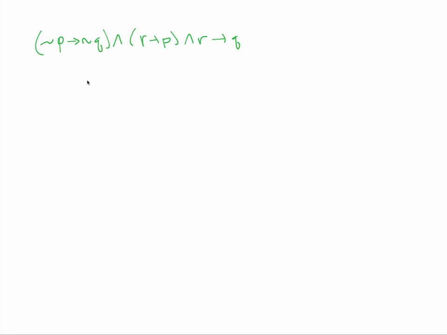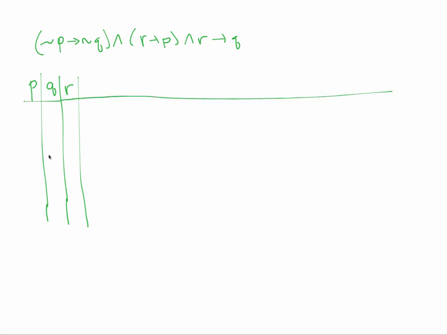All right, so I have three variables, the P, Q, and R. So I need to have a column for P, Q, and R. And I have to make the table big enough to have all possible combinations of trues and falses among those. So I'm going to say true, true, true, true, and then I have 4 falses.